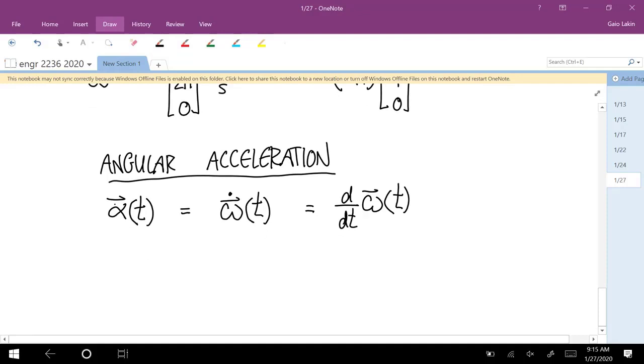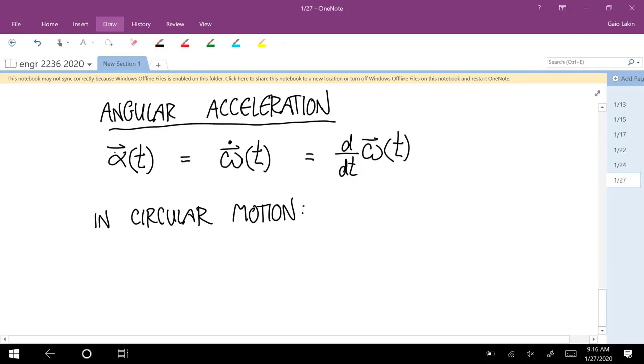Okay, so now if you're in circular motion, the angular velocity and the angular acceleration are parallel.